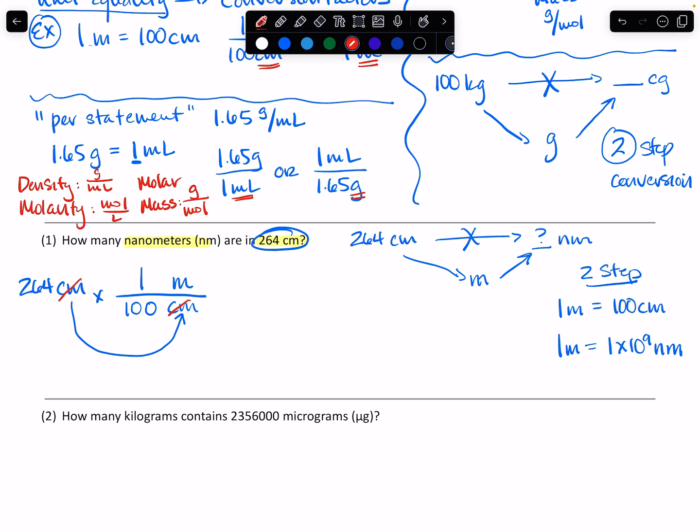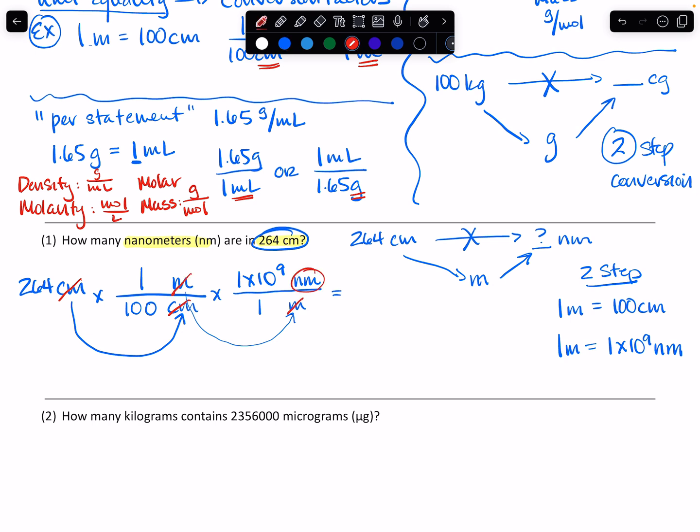My unit below is going to cancel my unit above, so now I'm left with the meter. But I'm not finished because I'm asked for the answer in nanometers. Now I need this meter in the bottom of my second conversion factor and nanometers in the top. And I know for my unit equality, 1 meter is 1 times 10 to the 9th nanometers. I check my canceling again. These two are going to cancel.